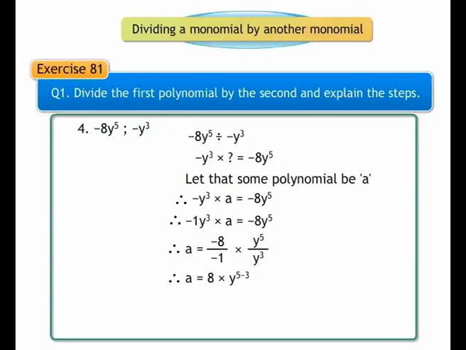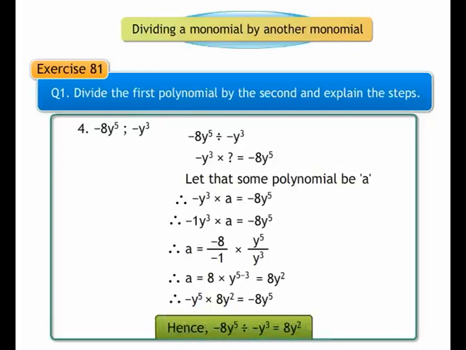Therefore, a is equal to 8 multiplied by y raised to 5 minus 3, which is equal to 8y square. Therefore, minus y cube into 8y square is equal to minus 8y raised to 5, and hence minus 8y raised to 5 divided by minus y cube is equal to 8y square.